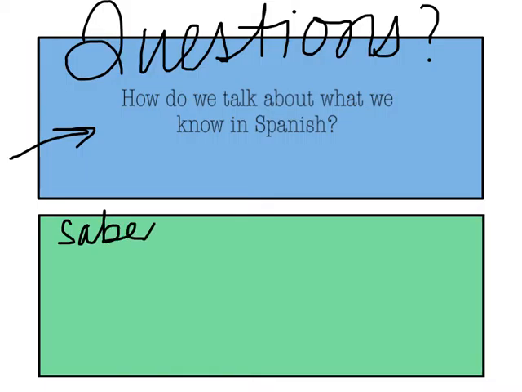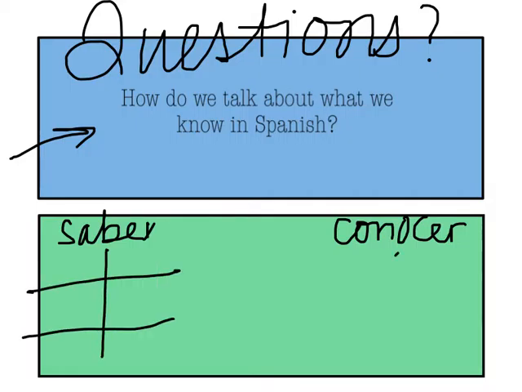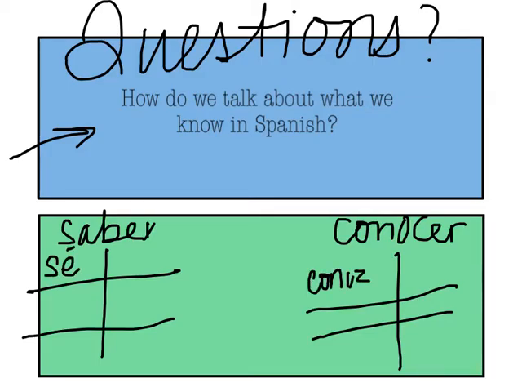First, we learned that we use saber and conocer, which is different from English where we just have one. I'd love it if you guys would conjugate those verbs for yourself on your sheet of notes. Remember the irregulars, sé and conozco. And then the other thing that I would do is just write down the rules, whichever one's better for you. I would write that conocer is more familiar and that saber is more factual.